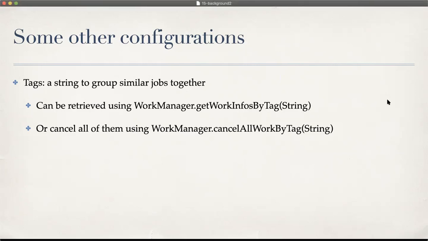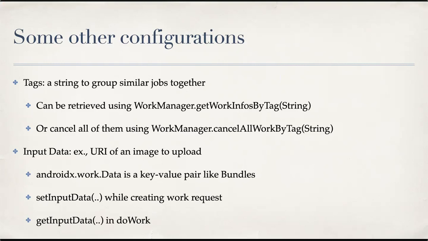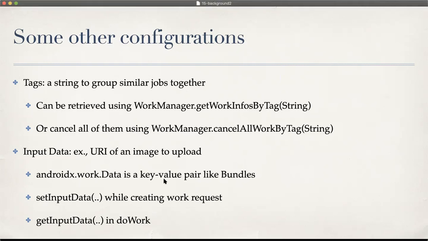The other configuration is input data. So you can specify certain data to be passed to the task, and you have this data type, a Data class in AndroidX.work. It's essentially a key value pair like bundles.